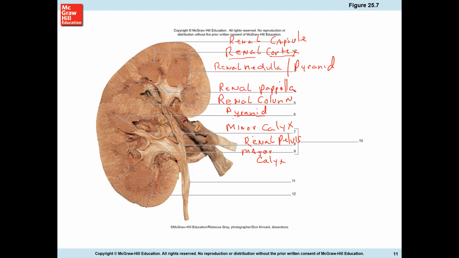So now we're getting urine out, starting at the minor calyx, into the major calyx, into the renal pelvis, right? So 10 possibly could be the renal pelvis as well. So this is just urine, right? This is just urine. No more filtrate. And here is the ureter, which is the tube.